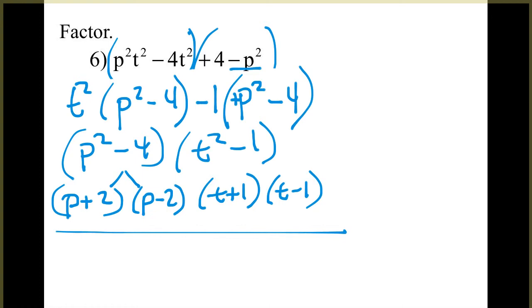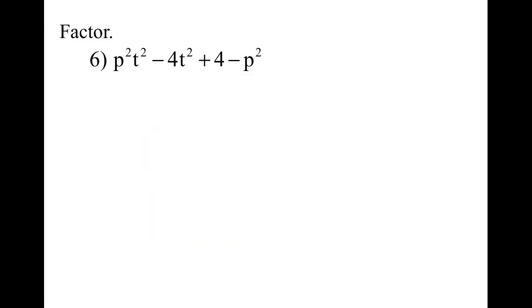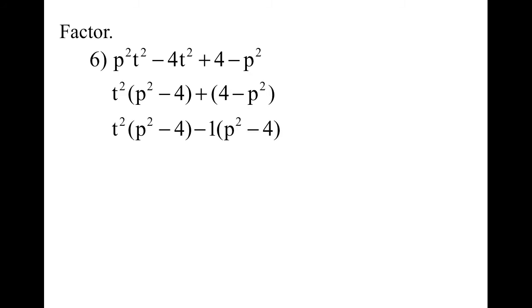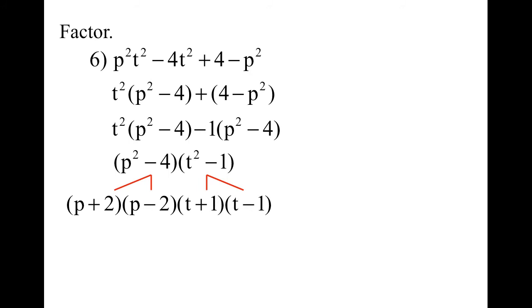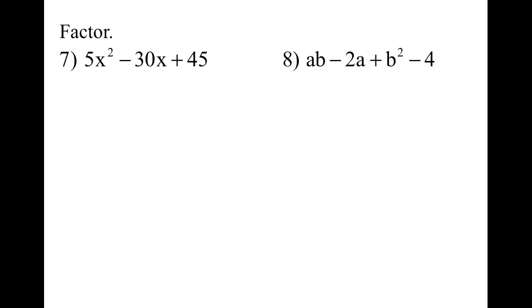And that's it. There's your final answer. Pause the recording if you need to. Take some notes. The biggest thing to remember is that you always have to fully break it down.